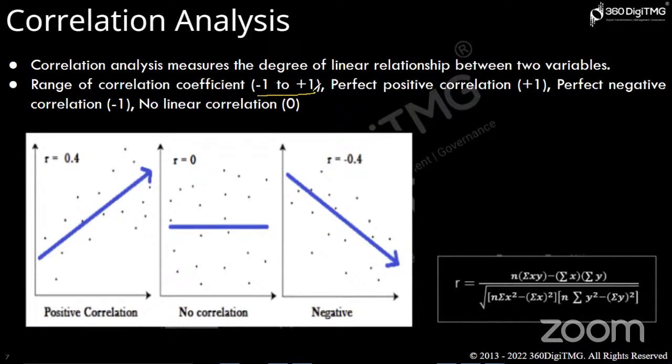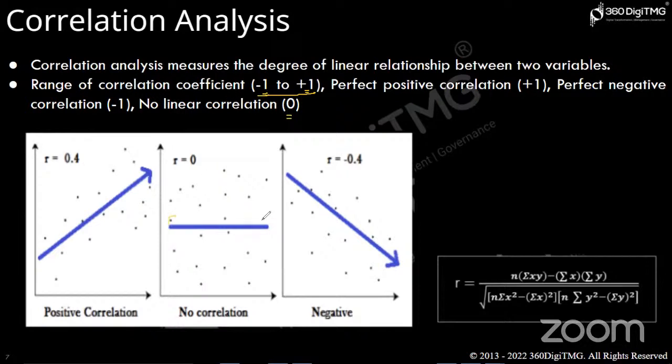This quantification that we are doing is known as the correlation coefficient, and the values lie between -1 and +1. If I have +1, that is perfect positive correlation. If I have negative correlation, that is a perfect negative correlation. And if I have this value as 0, it is no linear correlation.